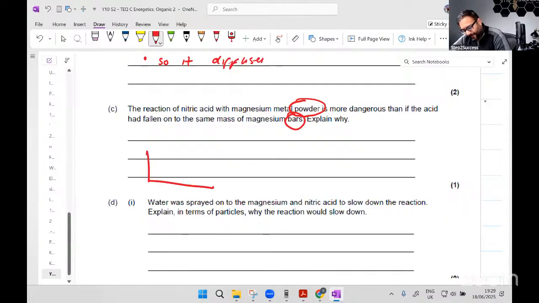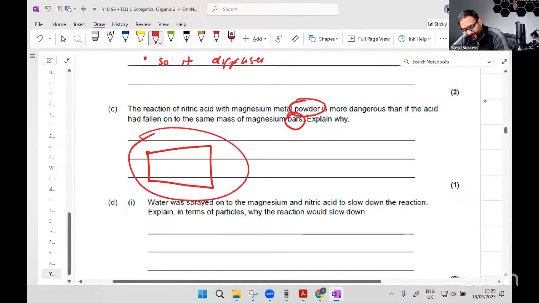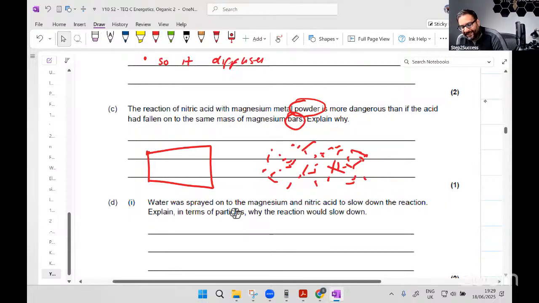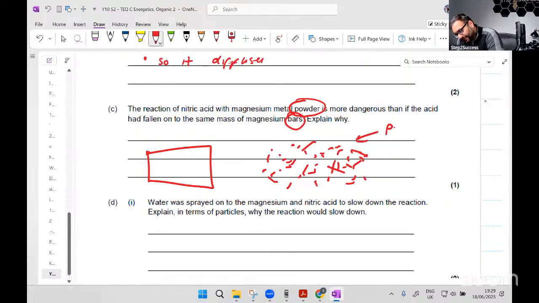If I've got a big bar of a solid and I react that, compared with if I take that and make it all into a powder first, the same amount but now in a powder rather than a big lump, then this stuff will react faster than this big lump. Powder reacts faster. The reason it reacts faster is because it has a larger surface area.